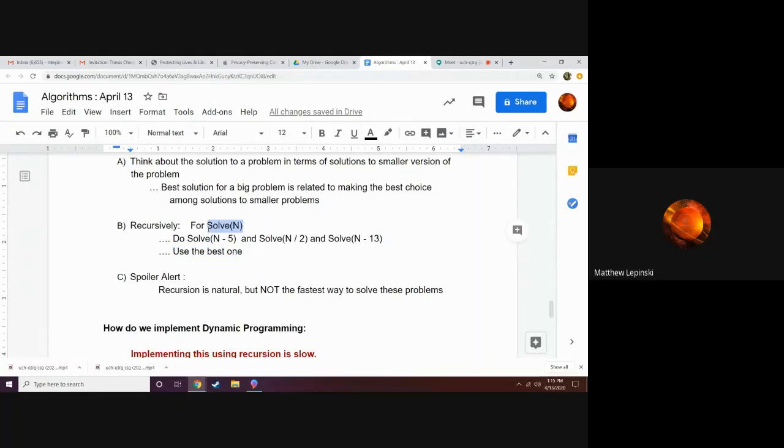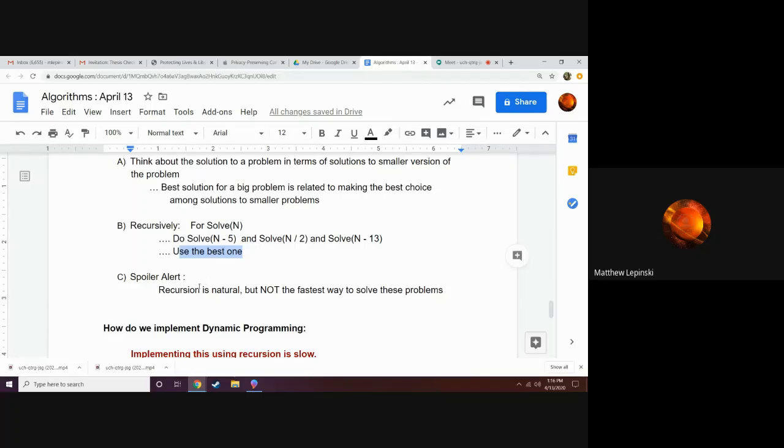So in general, dynamic programming works when you can say, okay, I have several different choices for how to solve the n-sized problem, and I want to check several different possible pathways or building blocks to solving n and use the best one of those.